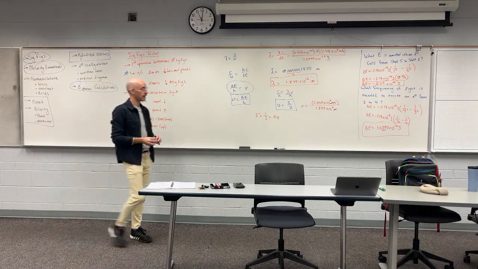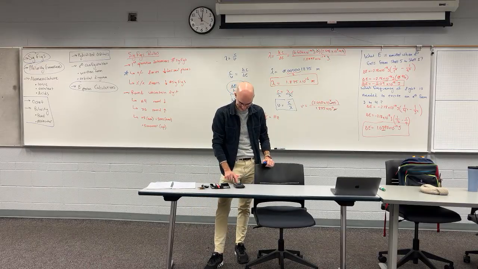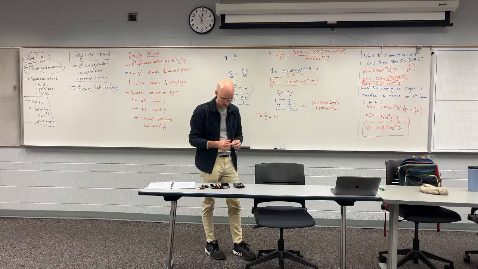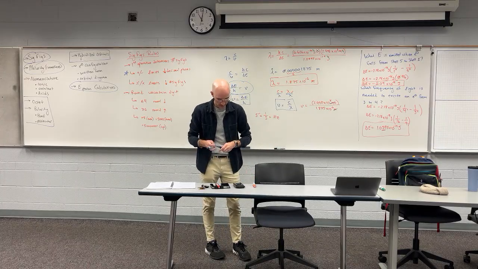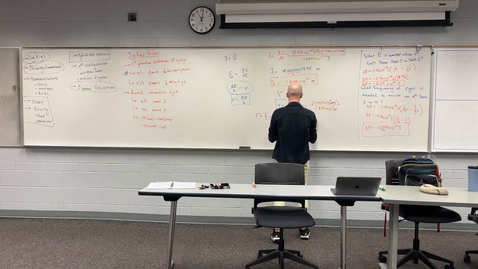We plug it in. Again, how many sig figs should I round this calculation to? This one I should round to 3. That one was not a trick question. All right, I'm going to show you what my calculator says.